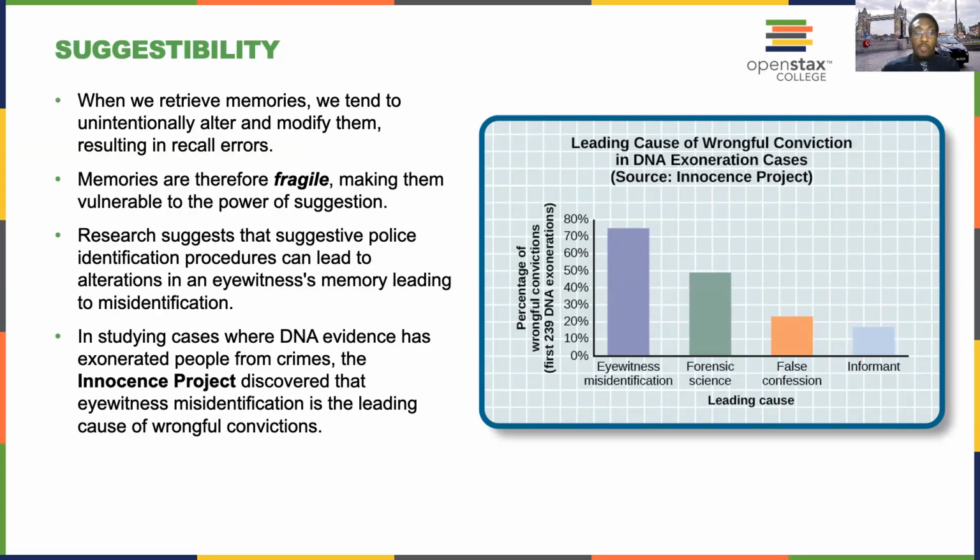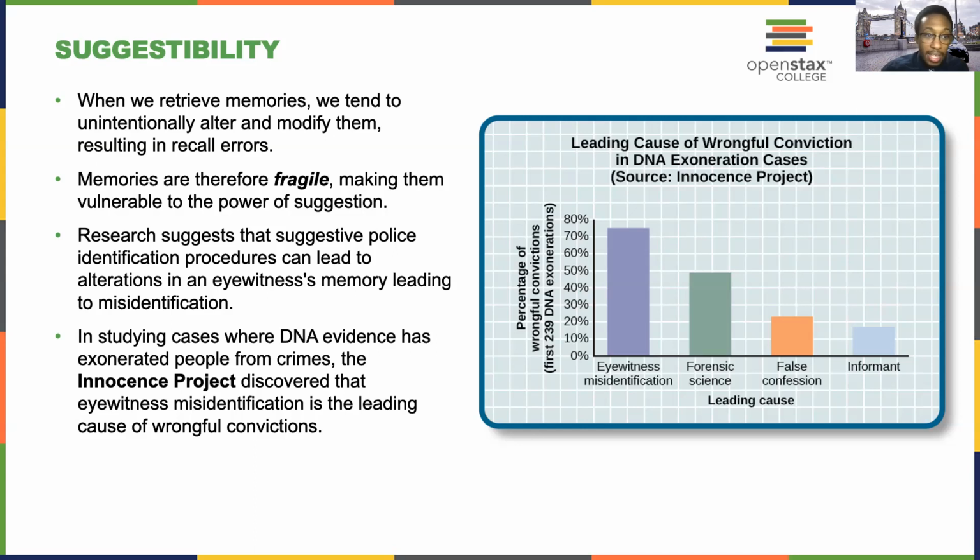Our memories are therefore fragile, making them vulnerable to the power of suggestion. Research suggests that when police use suggestive tactics, they can influence the memory of eyewitnesses, and often lead to misidentification of people involved in crimes.